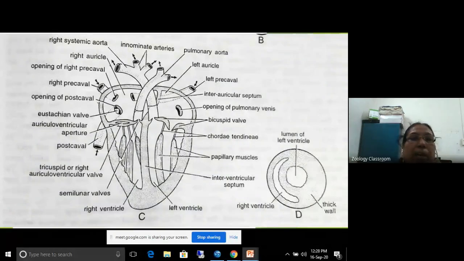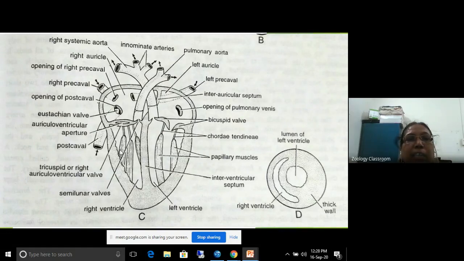The next one is the ventricle. It is a muscular ventricle, and between the ventricles there is also an interventricular septum. On the left side, the left auricle pours blood into the left ventricle. On the right side, the right auricle pours blood into the right ventricle.